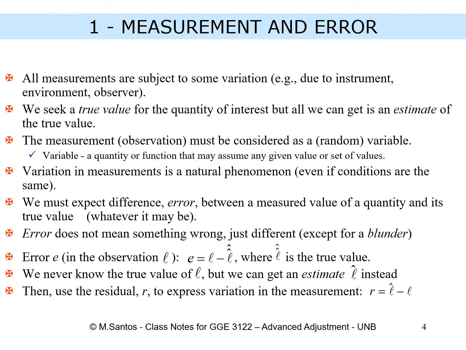We most often never know the true value of the observation. The best we can get is an estimate, which we represent as L hat. Then we use the residuals to express the variations in the measure. And the residuals are going to be defined as the difference between the estimate and the measurement.